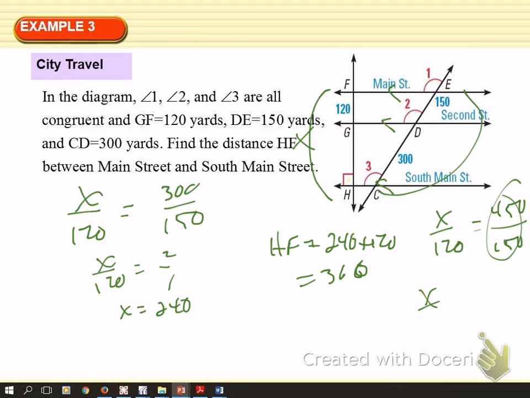Reduce this right here. Cross multiply and get X to be 360, which is how long HF should be. 360 yards. So again, you have some options.